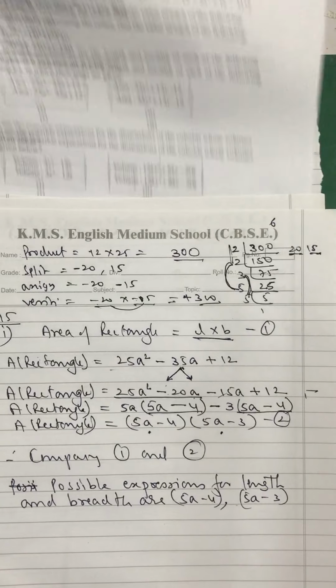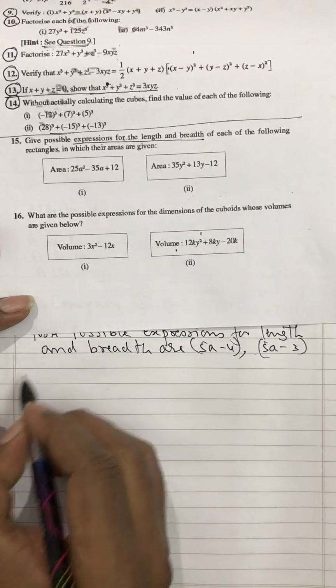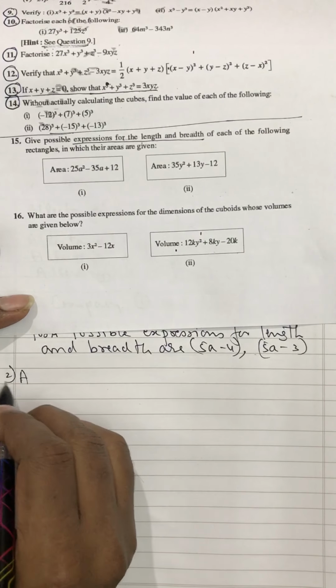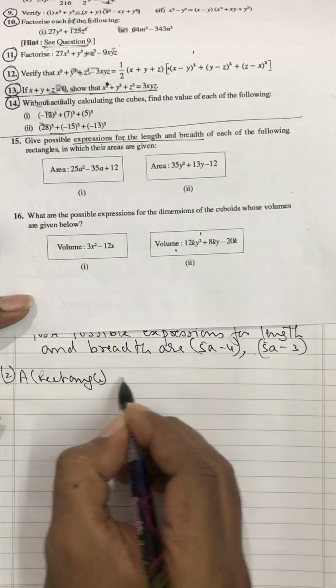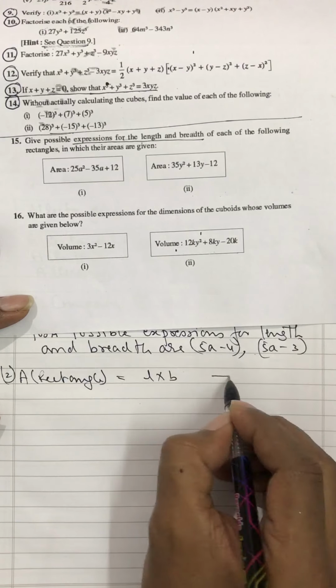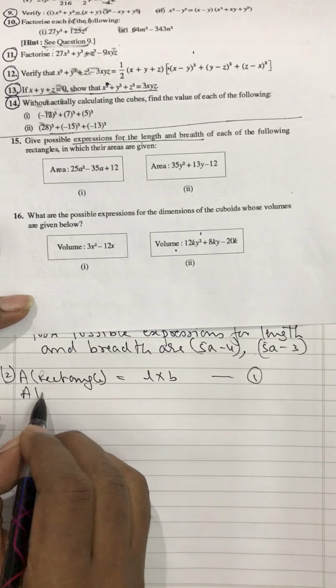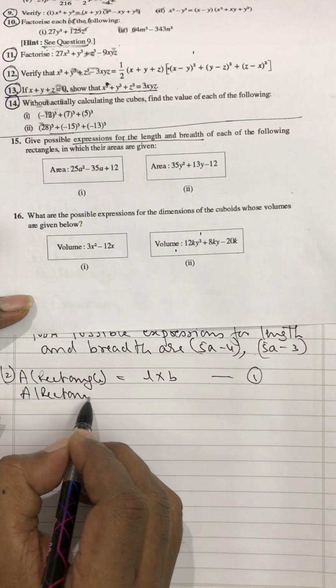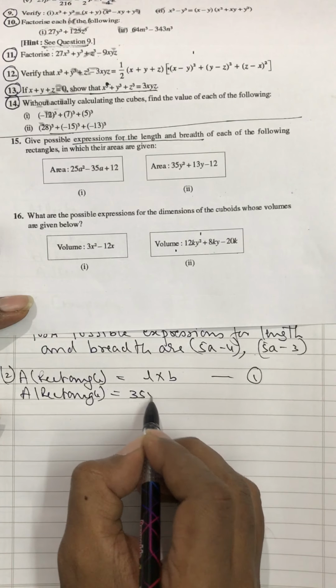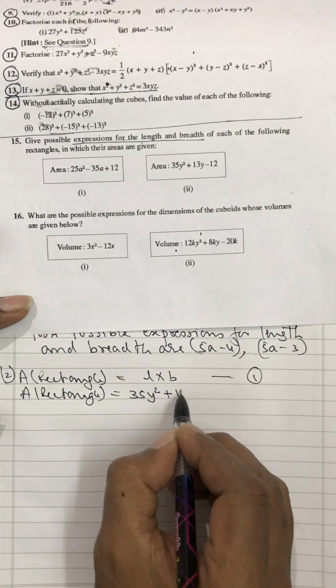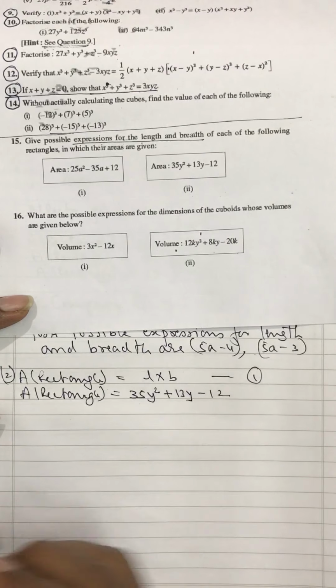In the second question, they are giving the area. By formula you know, but they have given you the area of rectangle is equal to 35y square plus 13y minus 12.